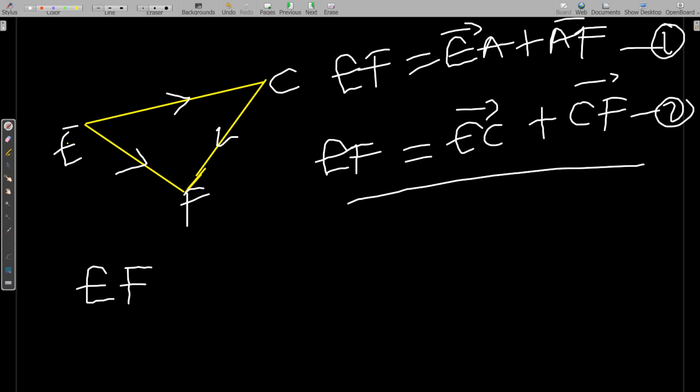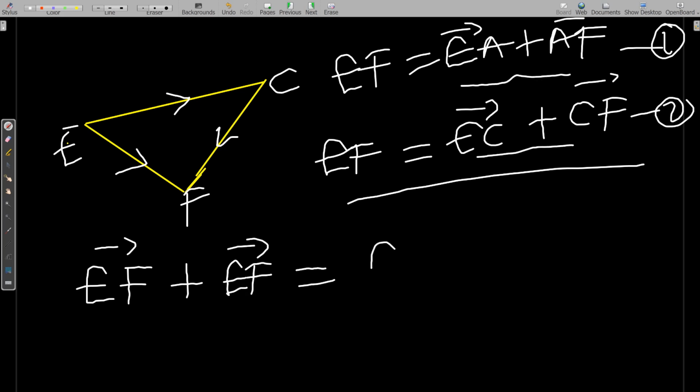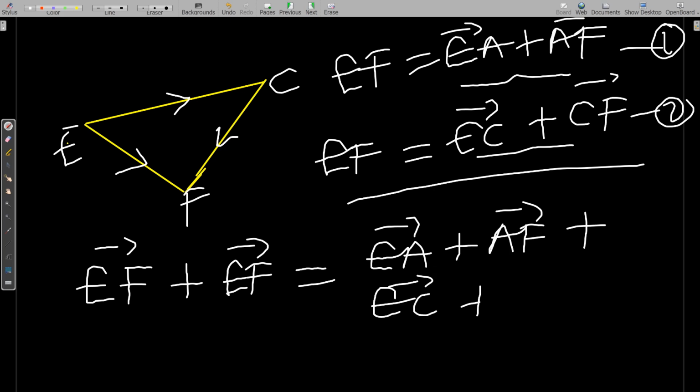If I add these two equations, it means I'm adding every side of the equation. So the left side, I have EF plus another EF, should be equal to summing the two sides as well. So I have EA plus AF, then plus EC plus CF.